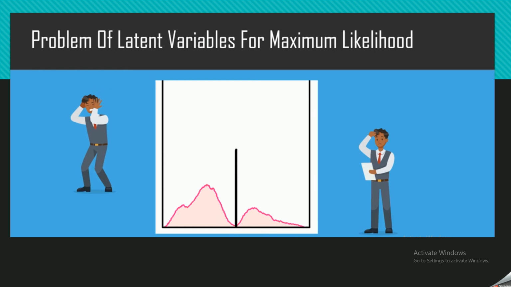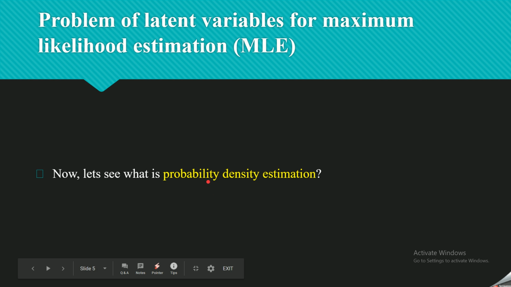So if I'm considering a data set and trying to plot a particular graph of it, the problem of latent variables for maximum likelihood is basically nothing but how do I get a joint probability distribution? So basically we want our curve to be like this, a joint probability distribution.